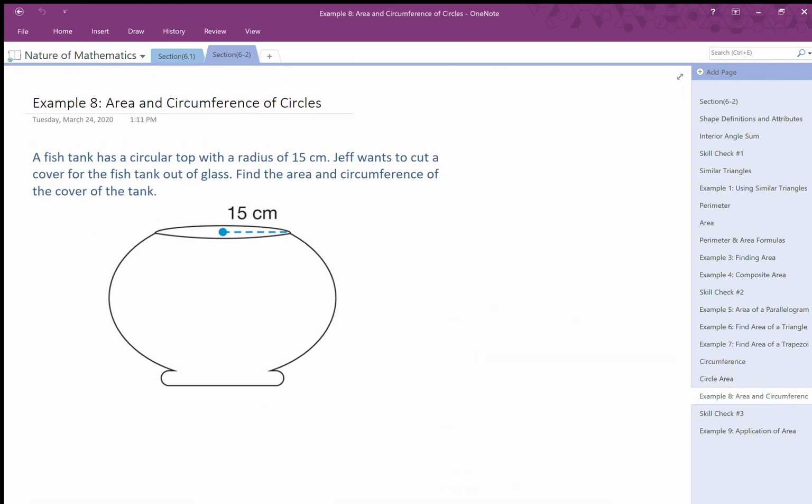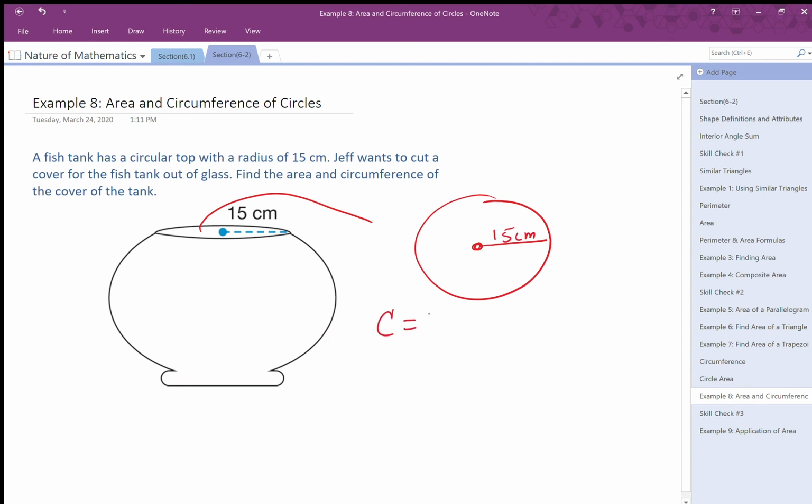Example 8, area and circumference of circles. A fish tank has a circular top with a radius of 15 centimeters. Jeff wants to cut a cover for the fish tank out of glass. Find the area and circumference of the cover of the fish tank. So we're only considering the circle up here. We can draw this saying that I'm looking overhead at that circle, which is 15 centimeters. The circumference would be 30 pi centimeters.